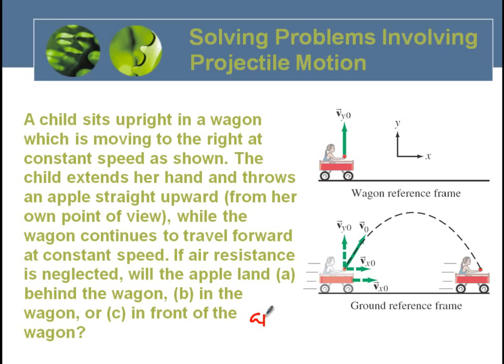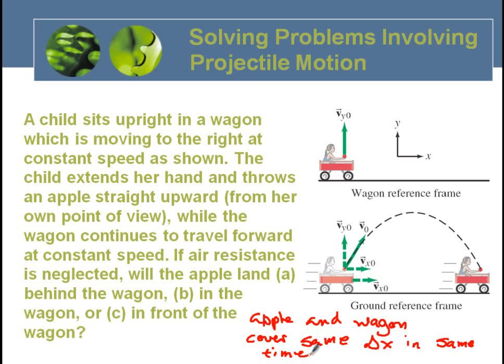So apple and wagon cover the same delta x in the same time, because they have the same x velocity to start with, and that velocity never changes because the acceleration is 0 in the x direction. That is all.